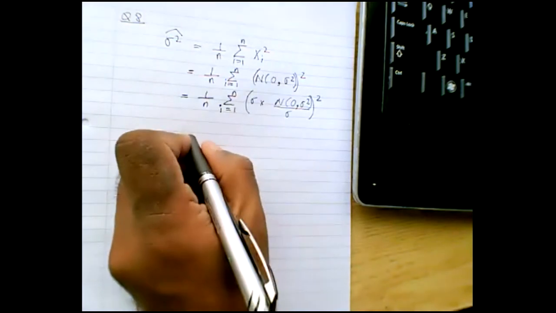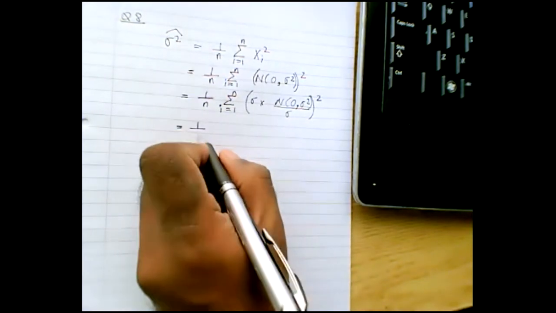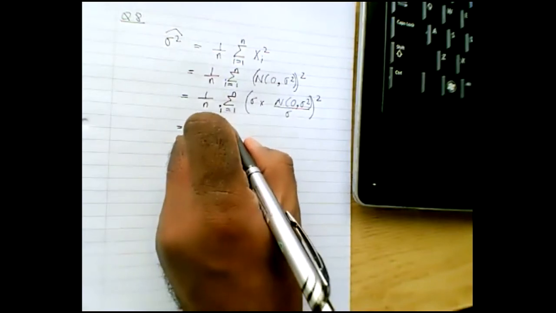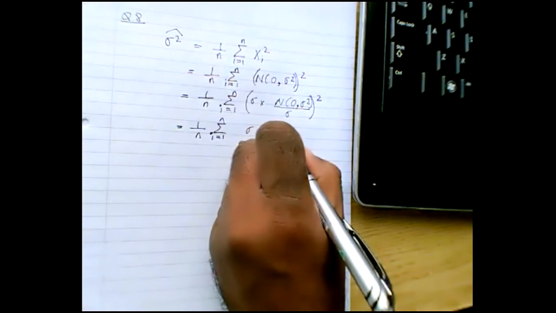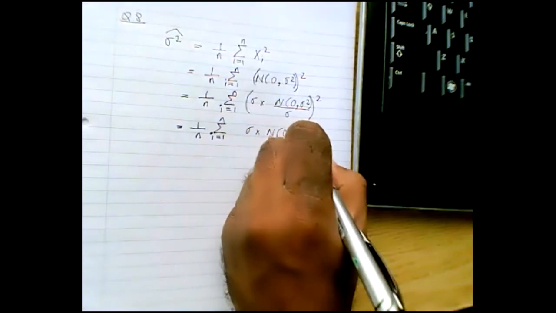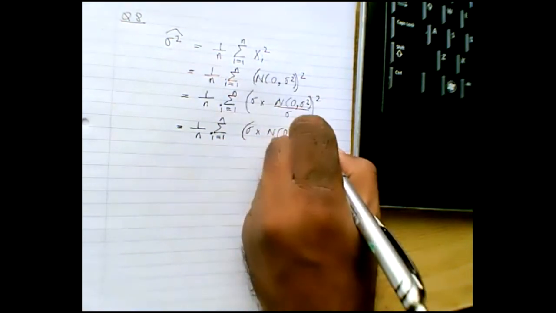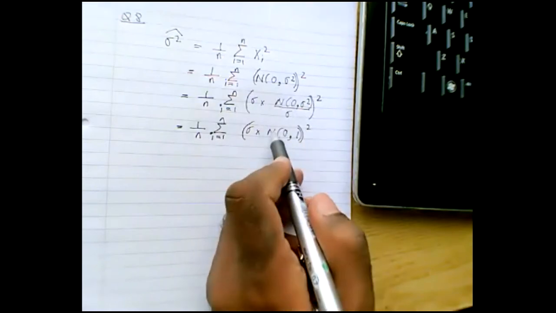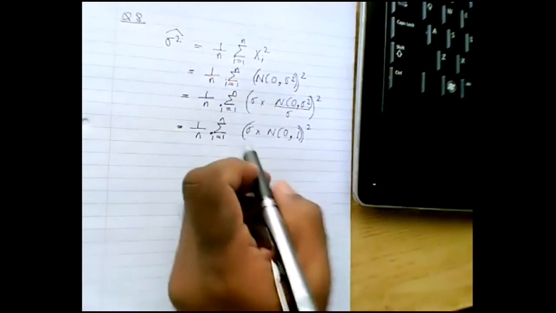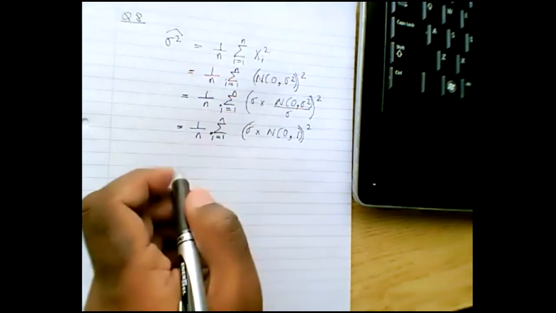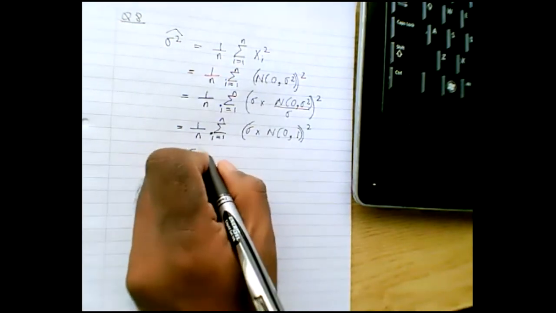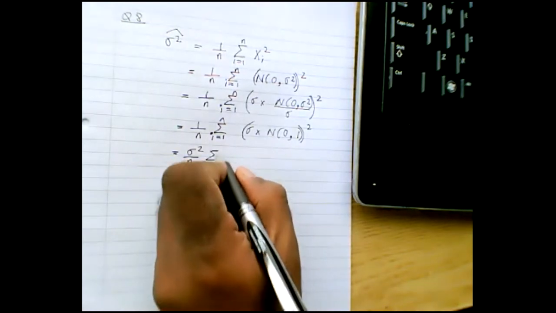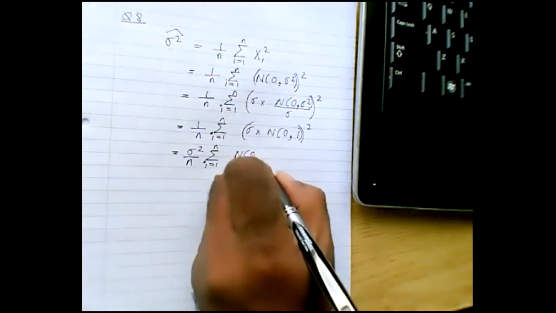So what you will get is the standard normal variable, right? So this guy here becomes the standard normal variable, right? Now sigma is a constant, so you can pull it outside. So this is sigma squared by n times the sum of a standard normal variable.